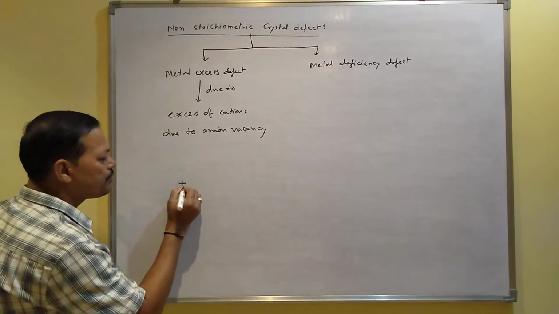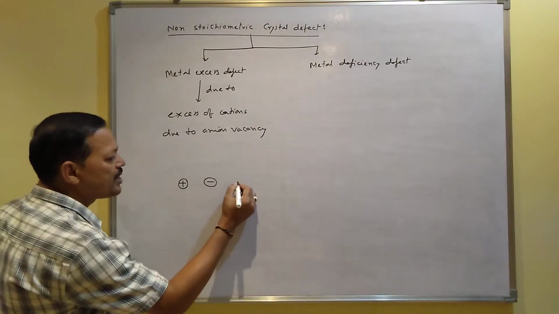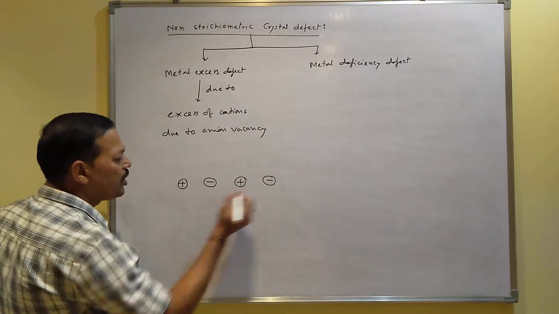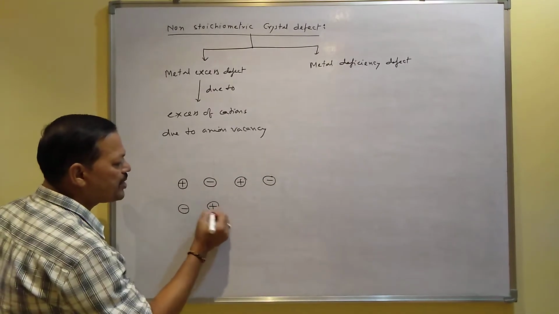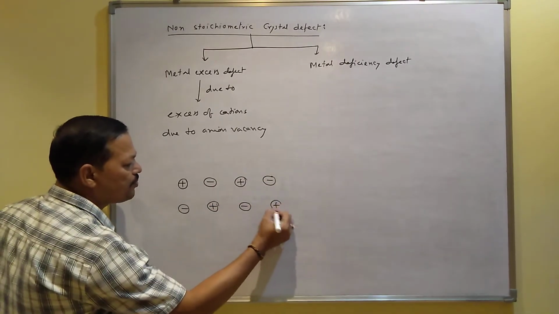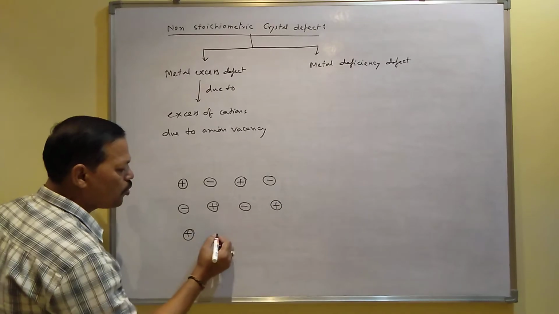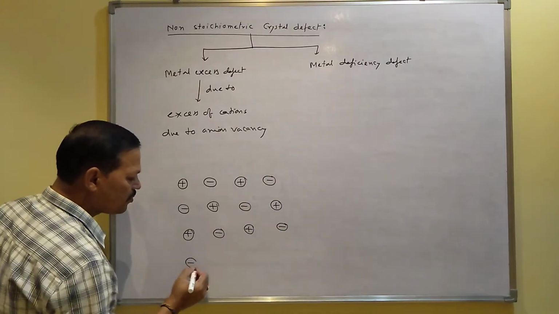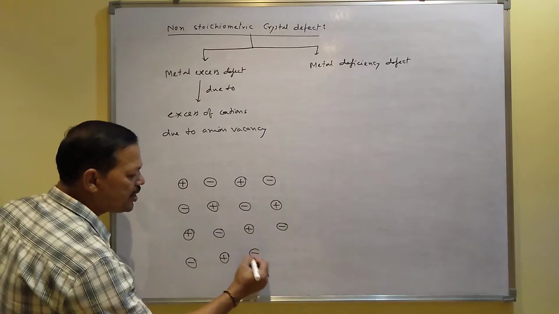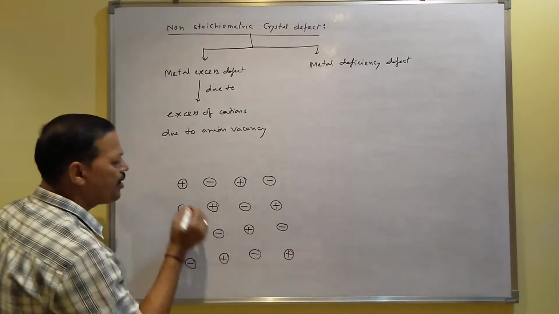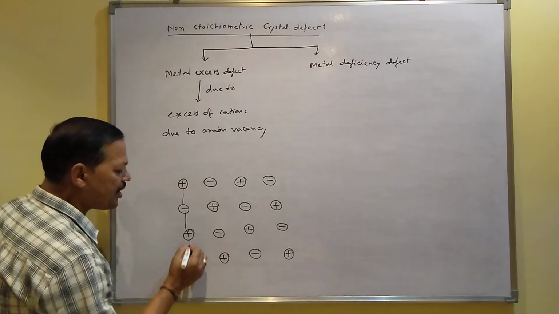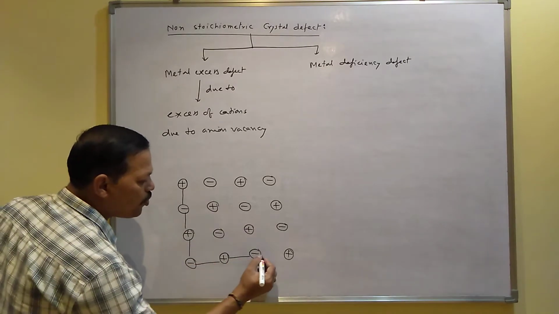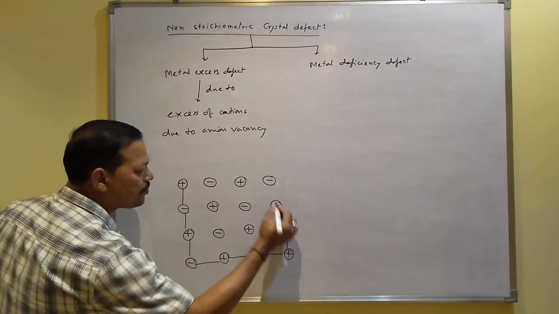So suppose this is one crystal in which cations and anions are present like this. Positive means cations, negative means anions. This is one example of an ionic crystal, and in an ionic crystal all the cations and anions are bonded with each other like this.